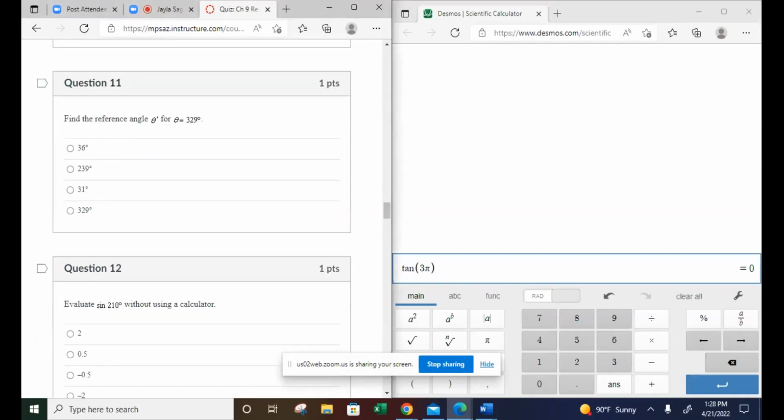All right. So 11's tough here because you got to know where 329 is in the chart. Do you have that? Yeah, I do. Okay. So if you've got that handy, I'll share my screen here.